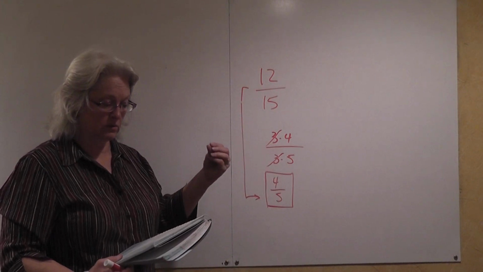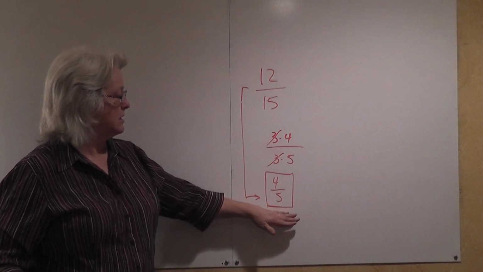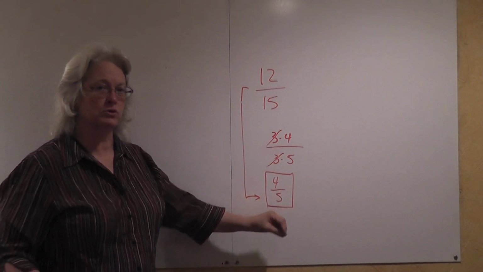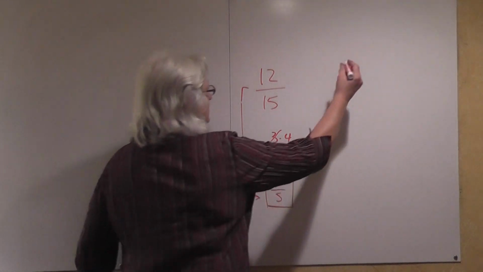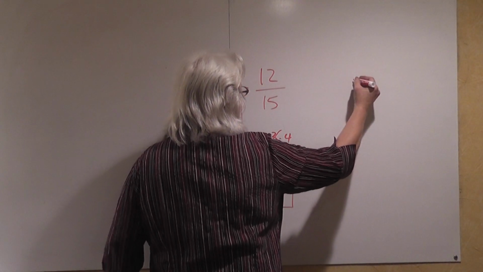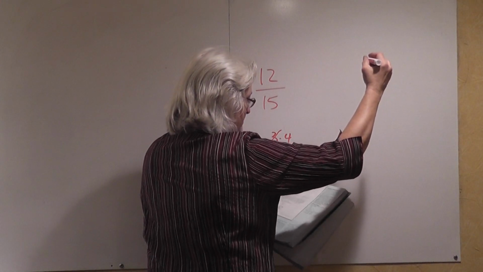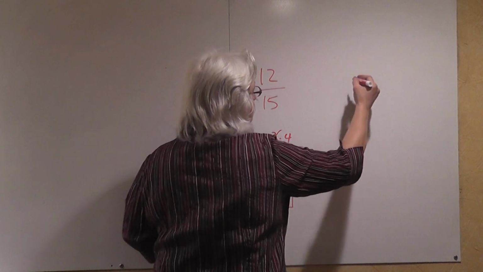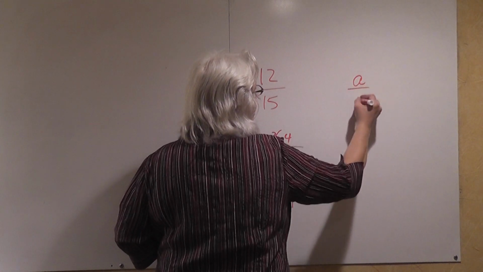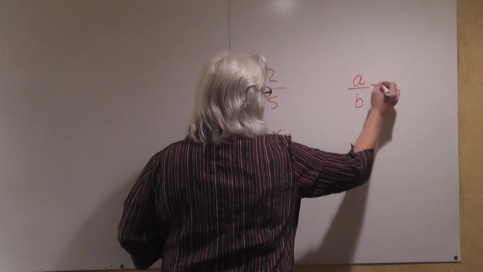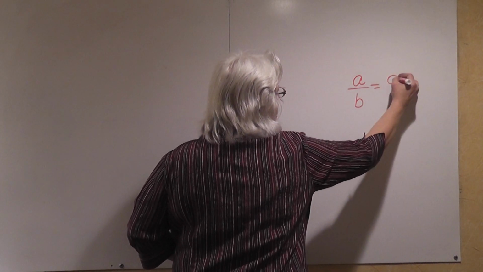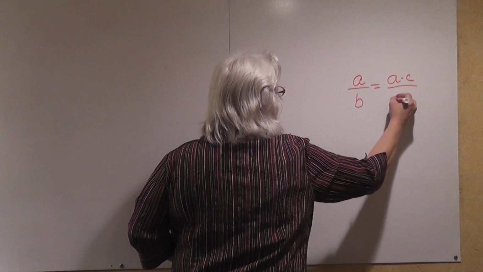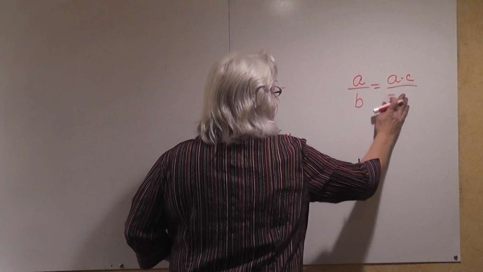And we're going to go ahead and use this similar procedure, because we learned that if you had a fraction, a over b, that could be written as a times c over b times c.